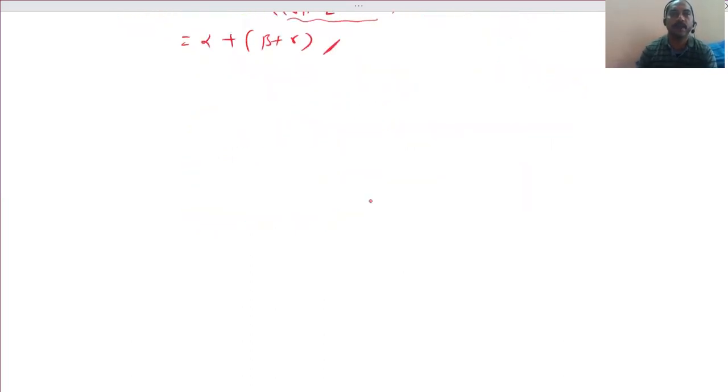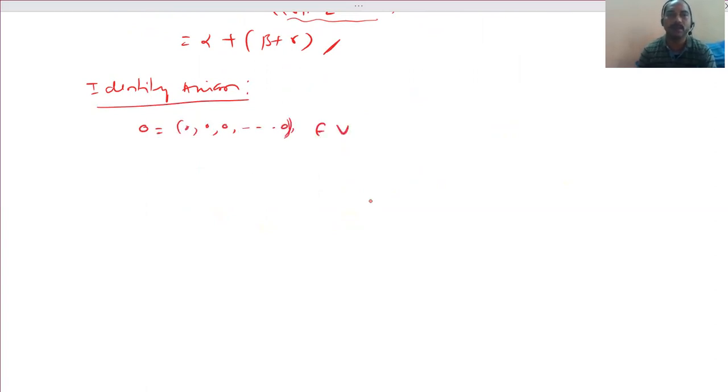Then identity axiom. Zero vector contains all entries zero, because the field has an additive identity. This is a vector in V because each entry is nothing but the additive identity of the field. And take any alpha, x1, x2, xn.